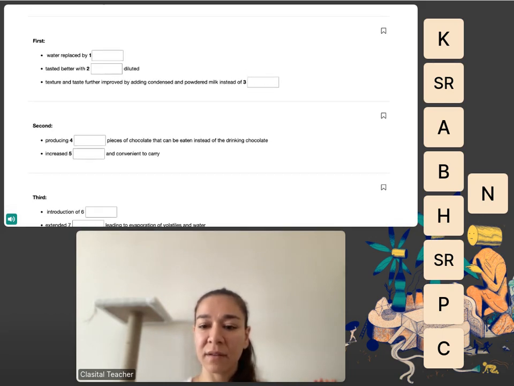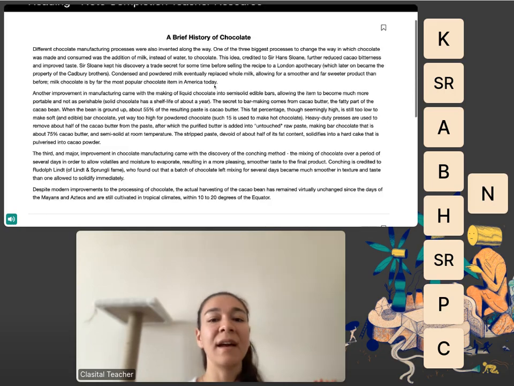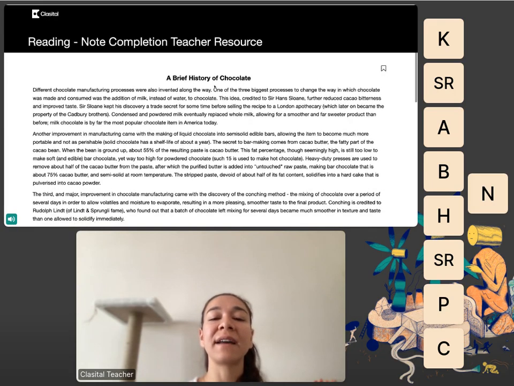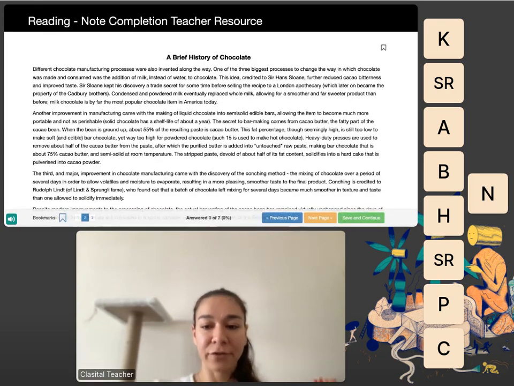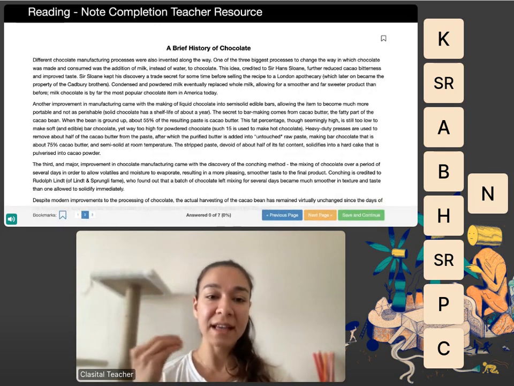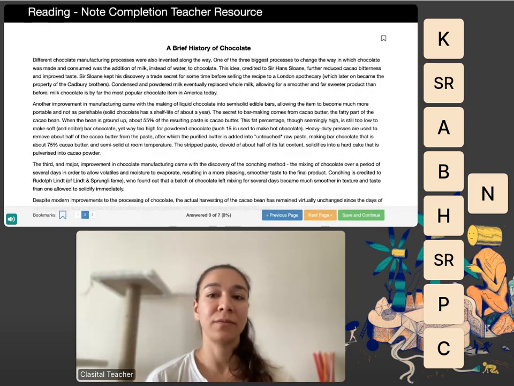It is water replaced by something, tastes better with something diluted, and texture and taste further improved by adding condensed and powdered milk instead of something. Now we are going to the reading text and let's find our keywords. First, what has been done to the chocolate first?